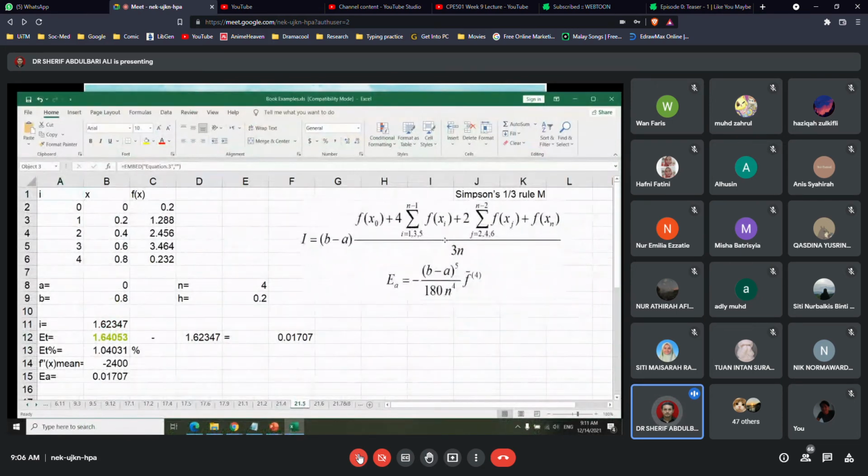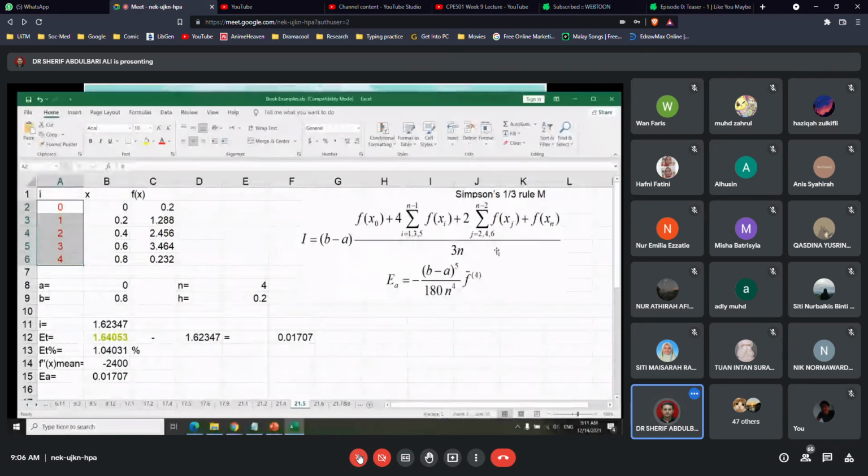So this is the equation. I put the index here to show you 1, 3, and 5, and 2, 4, and 6. Those numbers you are not using inside your calculations. They are just to show you the even and odd points.